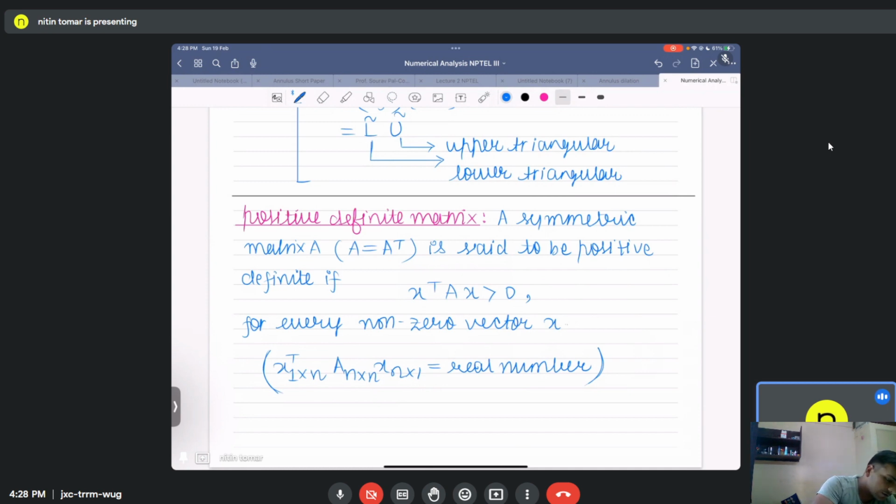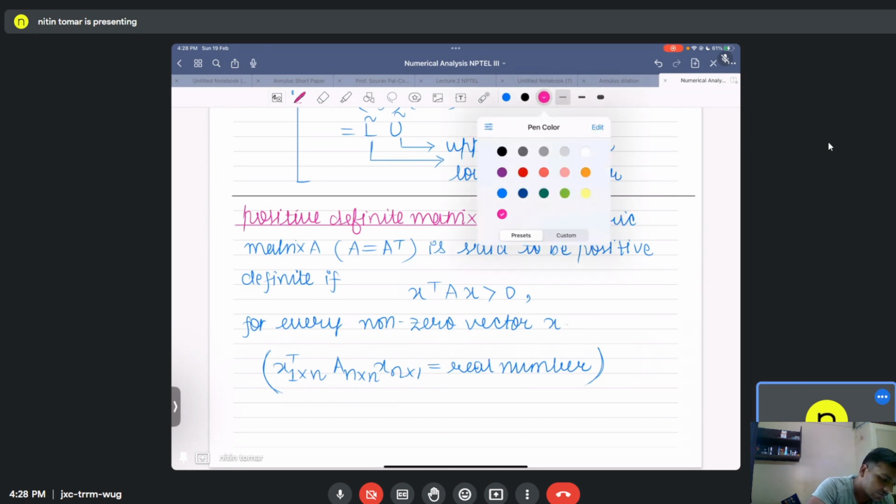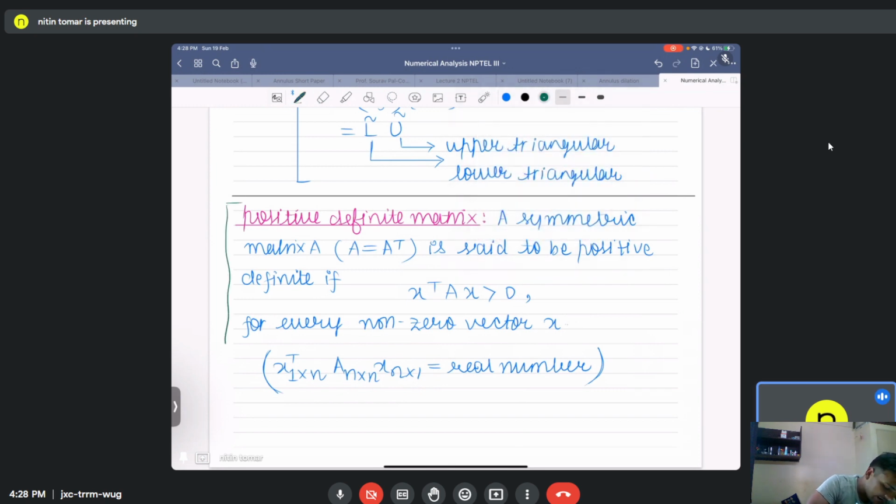I hope, because I have seen many people don't know. Why are we able to compare? These definitions are not made in heaven, okay? These definitions are made with certain logic. Now tell me what is not clear in this definition, then I will move forward.